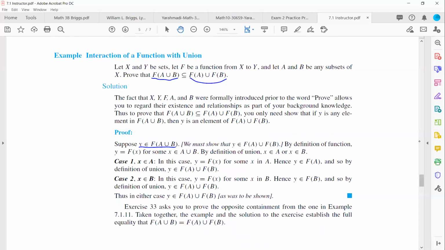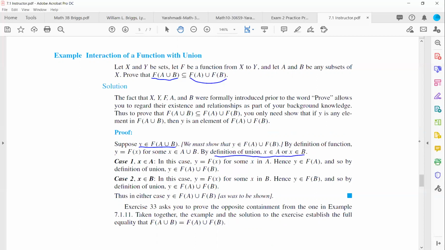So take a random element y belonging to the image of A union B. What's the meaning of that? It means that there is some element x in the union A union B such that f of x is equal to y. x is in A union B. What's the meaning of that?